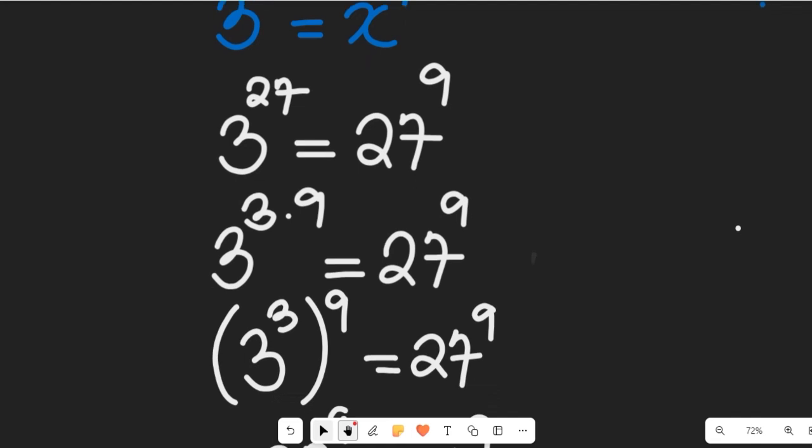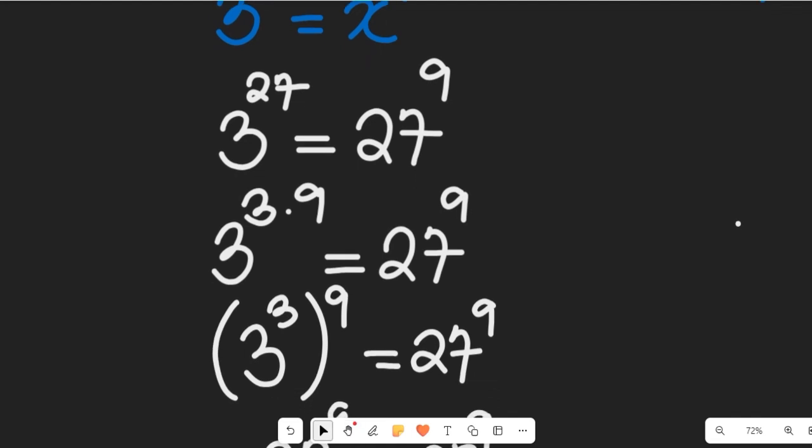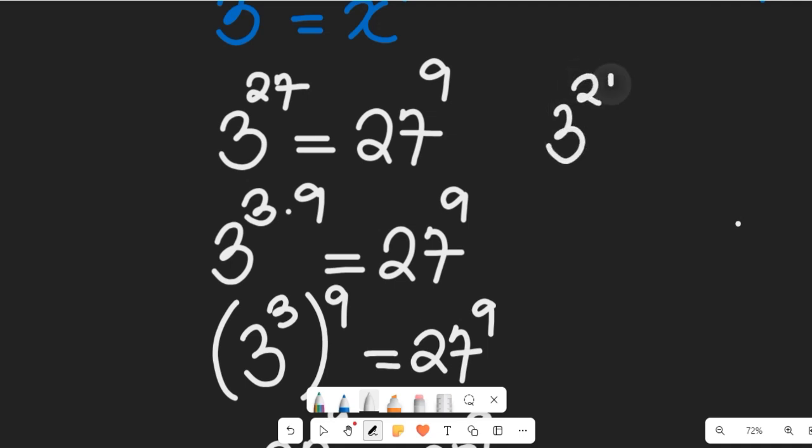Or I can do it the other way around. I can reduce this, right? I can also reduce this to have my 3 to the power of 27 equal to, this can also be reduced to give me 3 to the power of 2, and once I reduce that, I will be able to have an expression in which I'll have 3 up there.